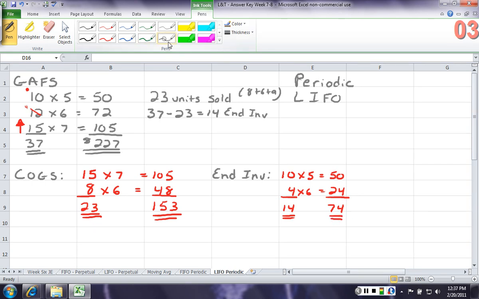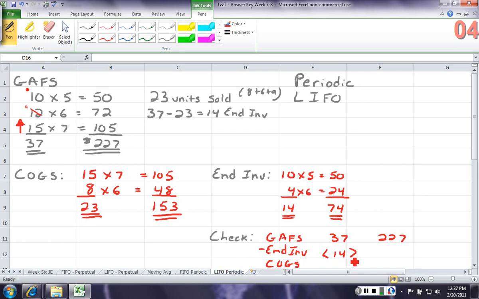Now let's check my work. Remember the formula we learned? What was that? Goods available for sale minus ending inventory equals cost of goods sold. So I had 37 units available for sale at a total of $227.